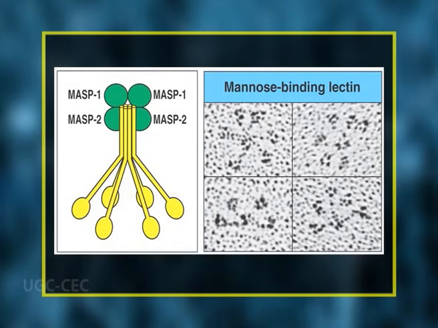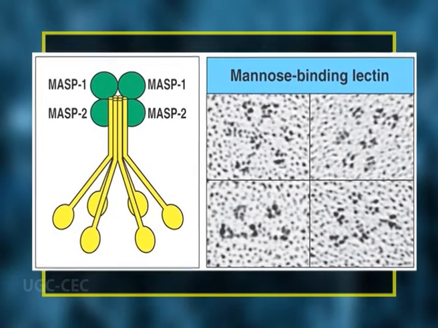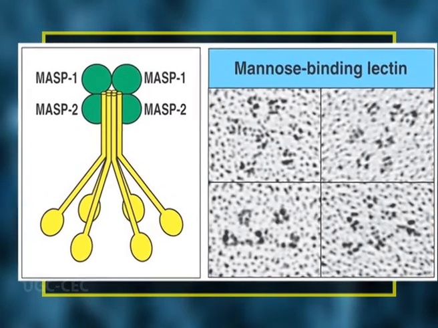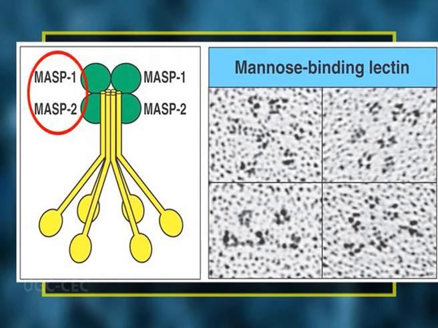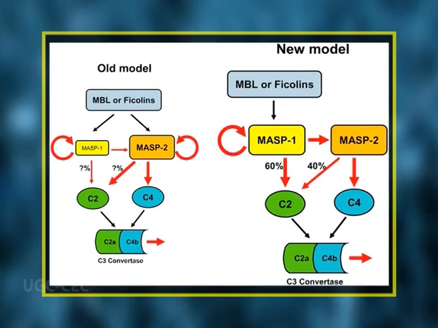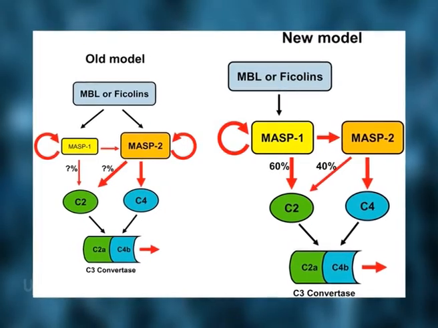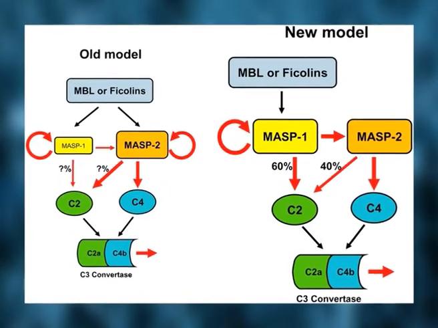After binding to the pathogen, 2 MBL associated serine protease zymogens or MASP bind to it. MASP1 and MASP2 share homology with C1r and C1s respectively and mimic their activity. When the MASP-MBL complex binds to the pathogen surface, MASP1 and MASP2 are activated to cleave C4 and C2 to form C4b2a.